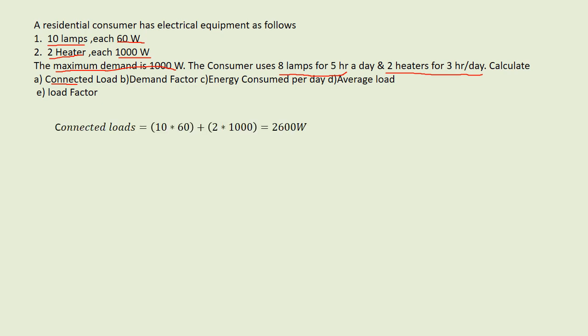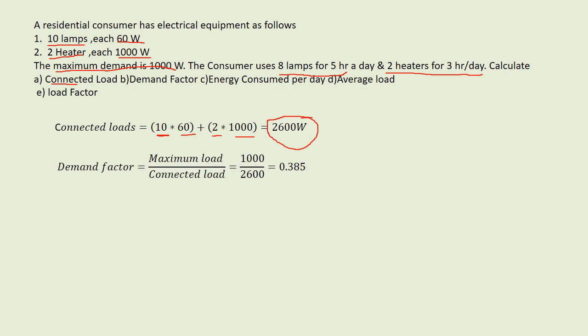As you can see here, this is your number of lamps, 10 lamps, and that is 60 watt. And these are your 2 heaters, and the rating is 1000 watt. So the total connected load will be 2600 watt. Okay, so that is your connected load. Next is your demand factor.